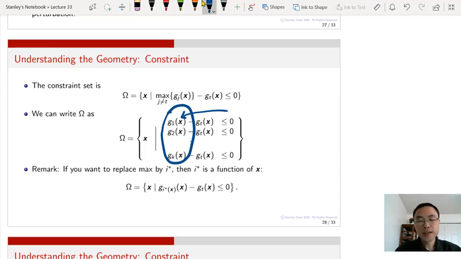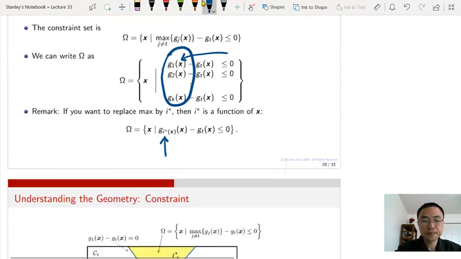So whenever you update the x, the maximum guy will change from one to another, and therefore you cannot just say that I should always choose g1 because in my current input data point, 1 is the class that I live on. It's the worst case class. But since you're running iterative methods, the x will change, and therefore your i star will also change. So when you replace the k equations by just one equation, bear in mind that this i star has to be a function of x.